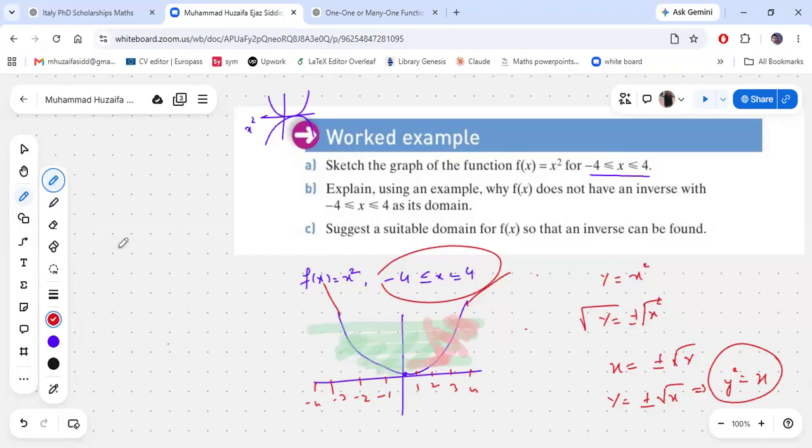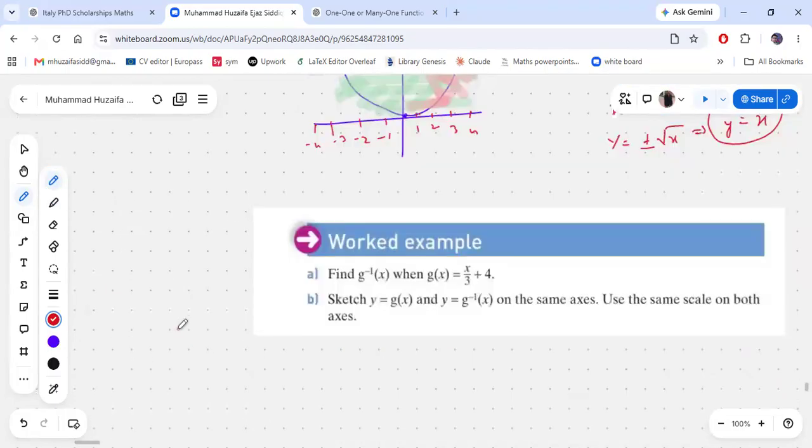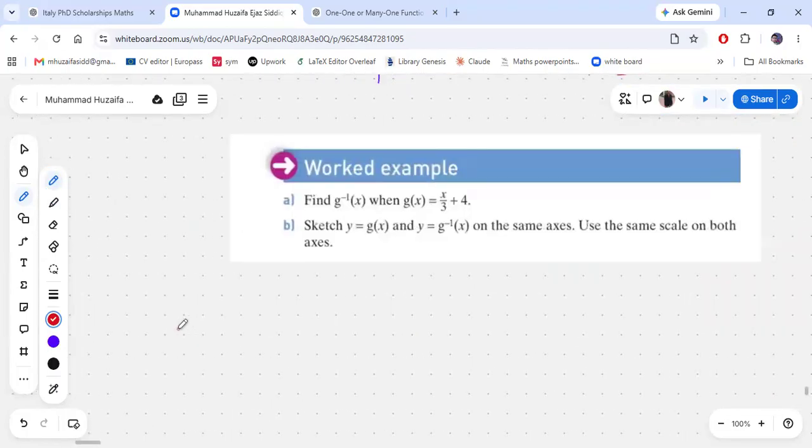After this we are moving to the next example: find the g inverse, as we already discussed. So g of x is equal to what? x over 3 plus 4. Let y equal x over 3 plus 4. So y minus 4 is equal to x over 3.